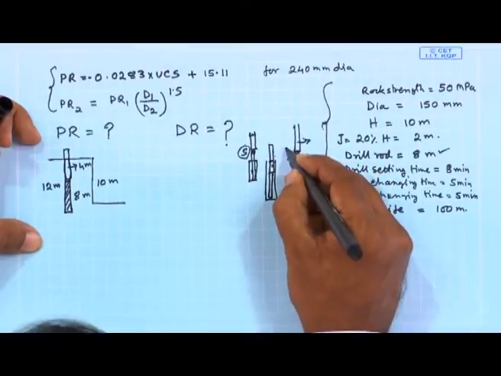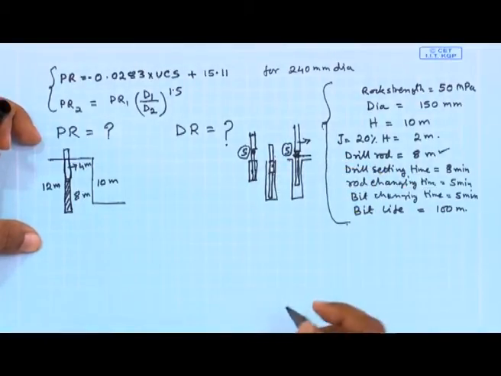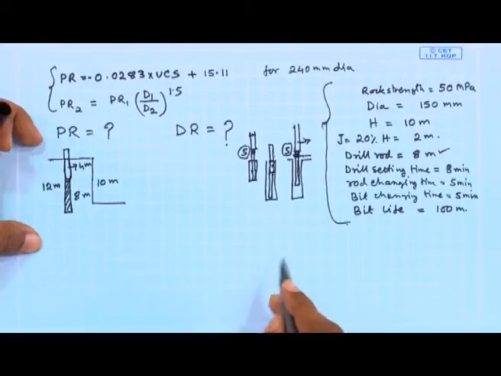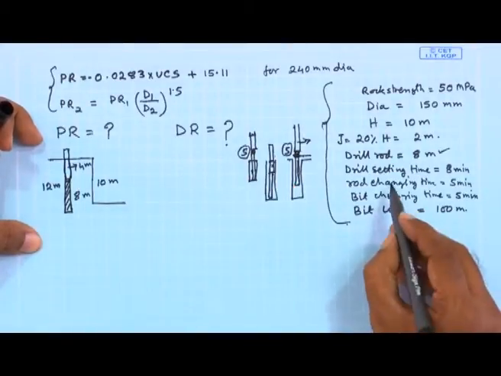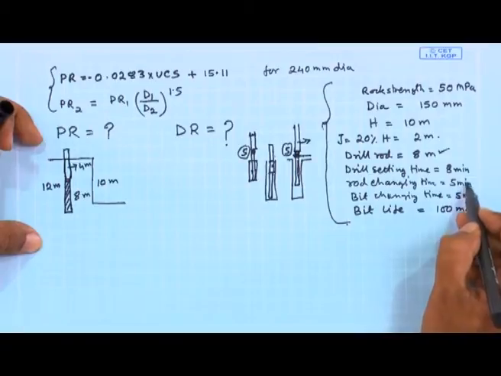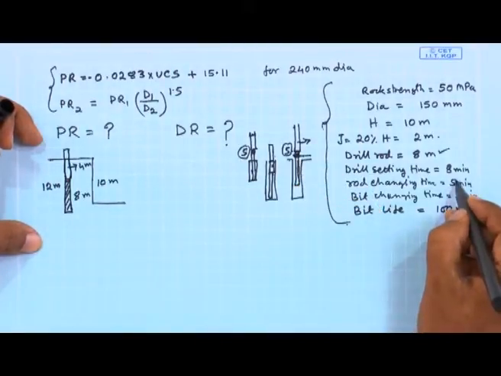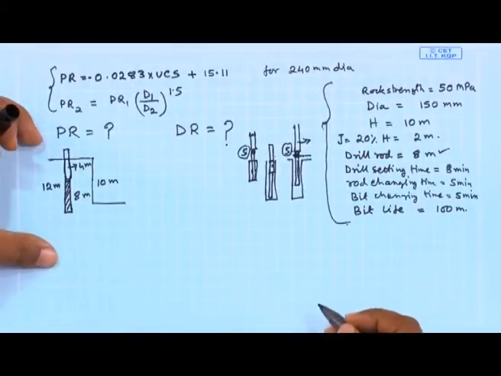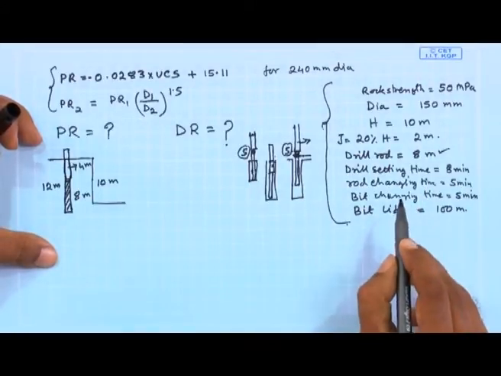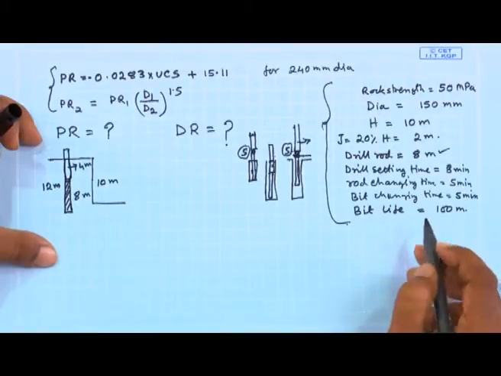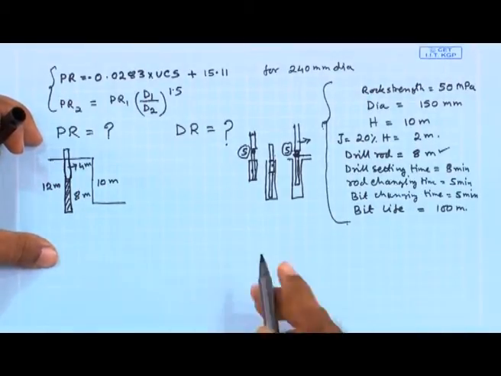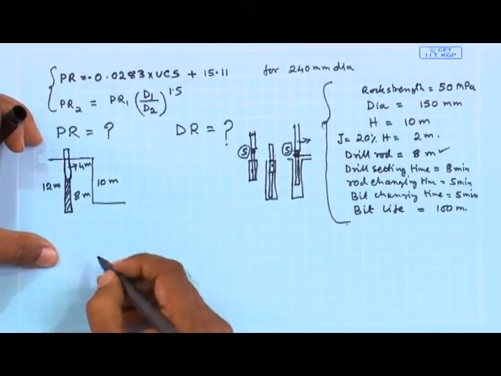So, again 5 minutes is required for this rod changing. So, basically this rod changing time is required 5 minutes for once, 5 minutes for another one. So, 10 minutes are required for rod changing in drilling one hole. So, let us start solving this problem.